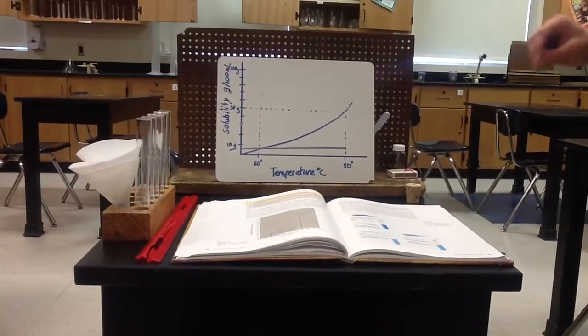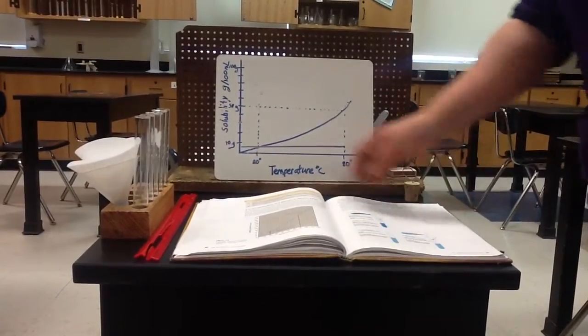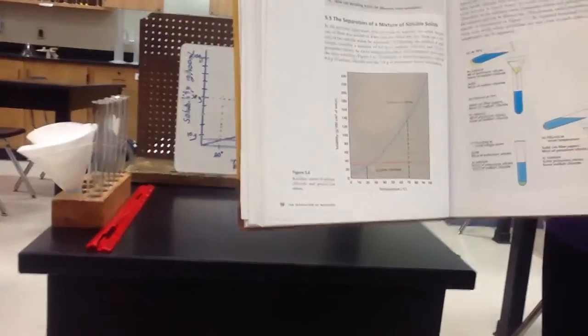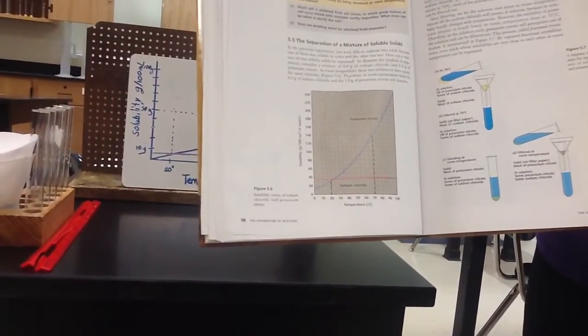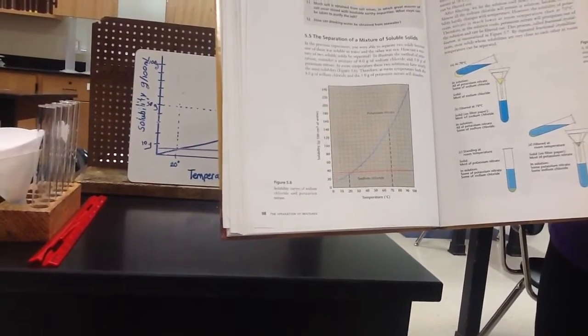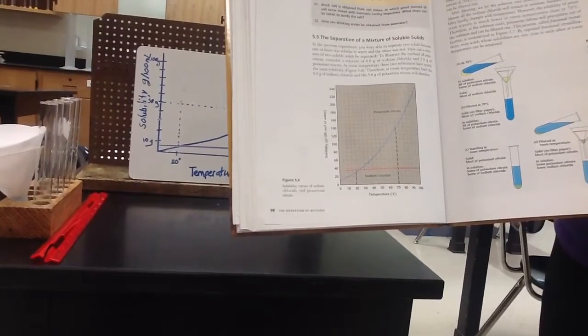On your lab sheet that you've been given, you're going to use the chart on page 98 of your IPS book, this guy. Can we see that, Mr. N? You're going to use that chart to figure out if you had 10 milliliters of water, how much of these two substances will dissolve at 80 degrees or at 70 degrees. You can actually do 70 degrees, because it's on the chart.